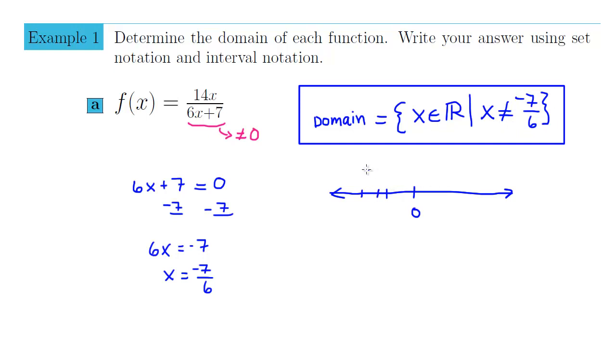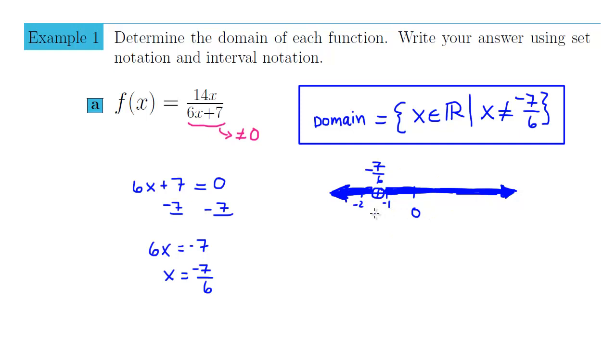So let's just put it right here, negative 7/6. If this is negative 1 and this is negative 2. X cannot be that, which means there's an open circle at negative 7/6, but every other number is included in our domain, which we darken in on our number line, right? The set of all numbers except negative 7/6 would look like this on the number line.